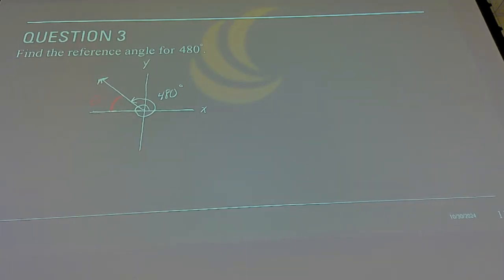We'll look at what we know. What's the measure of that orange angle? 180 degrees.